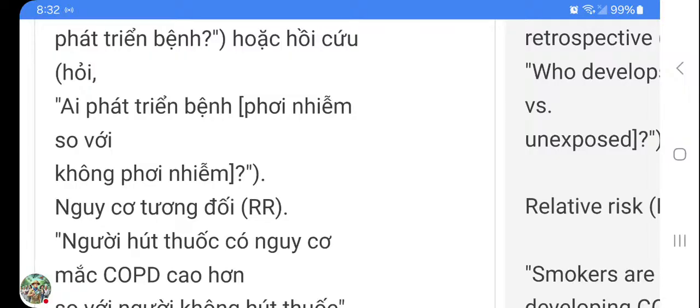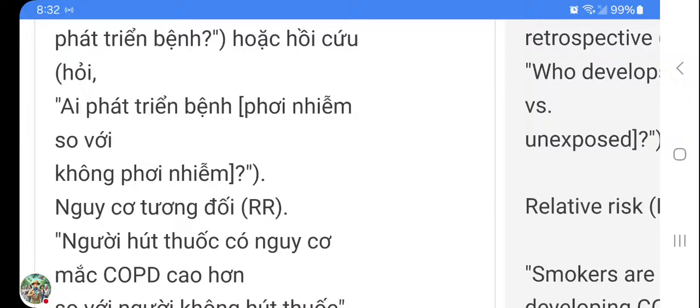So if a patient in the future is exposed to this risk factor A, they can probably develop disease A, for example, lung cancer. Then we do the research. That is what we call prospective, for example over 10 years. We monitor for 10 years.